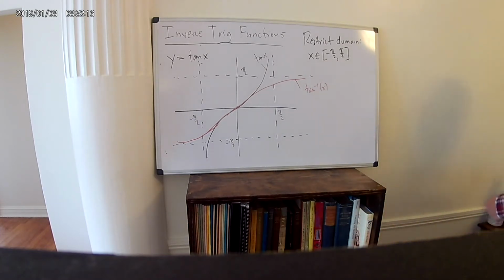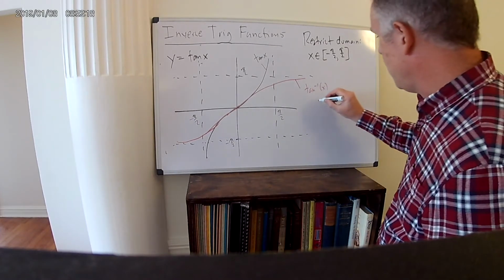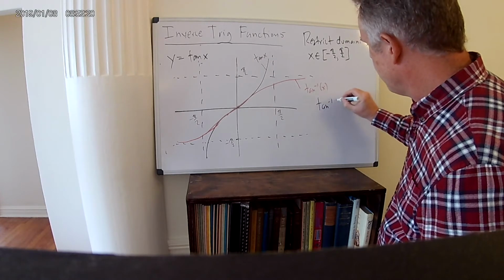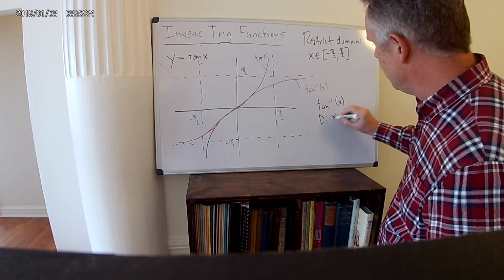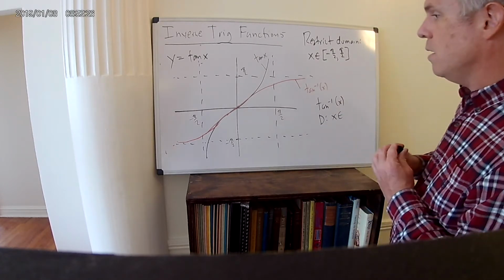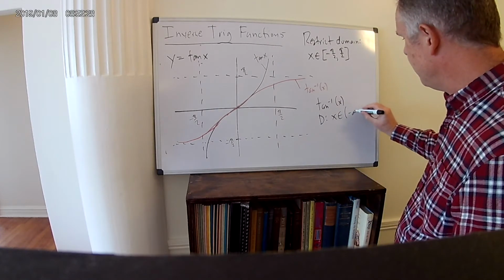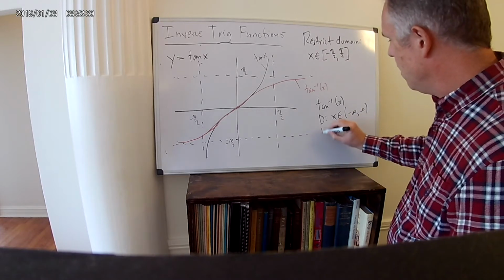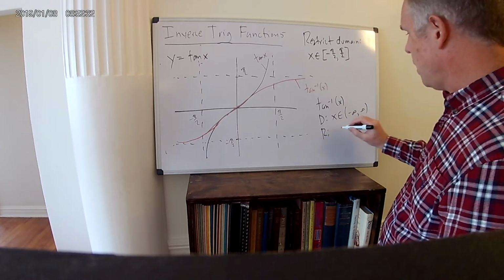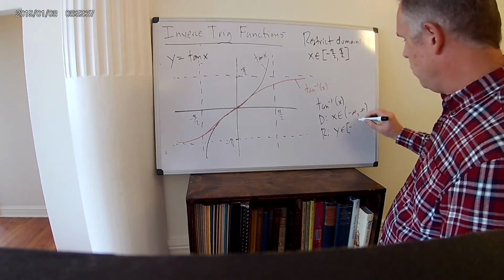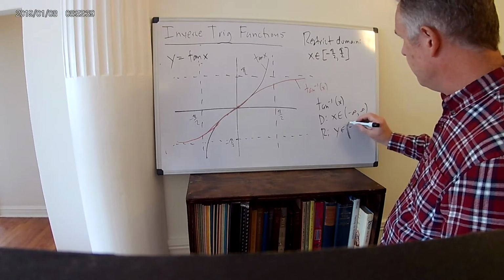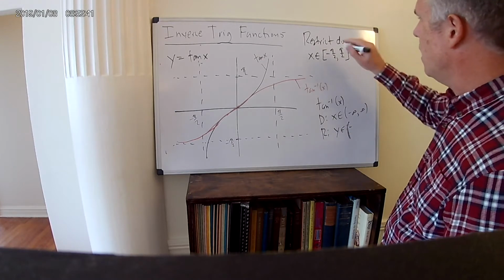Let's talk about the domain and range of inverse tangent of x. What is the domain? See if you guys can identify the domain. The domain is going to be all x, minus infinity to infinity. What's the range of inverse tangent of x? Well, it's going to be minus pi over 2 to pi over 2, non-inclusive.